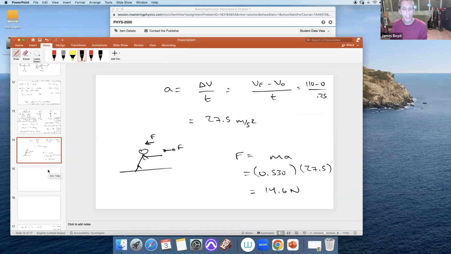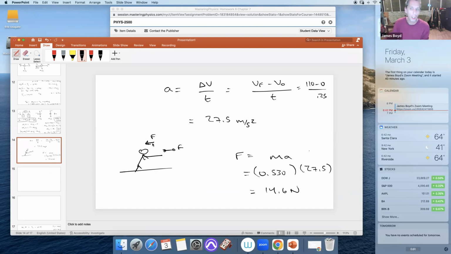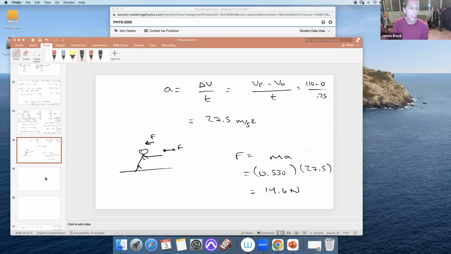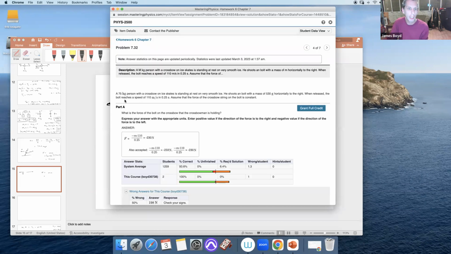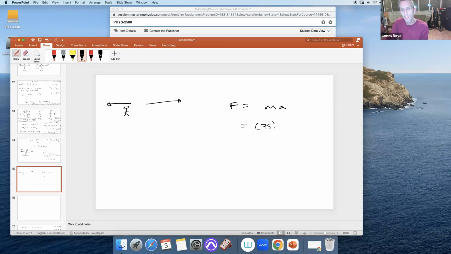So the force on the man is actually, they have the same acceleration. As the bolt flies away, the man flies away with the same acceleration. The force on the man is MA, and he had 75 kilograms and his acceleration was 27.5 meters per second squared. So this force is 75 times 27.5.